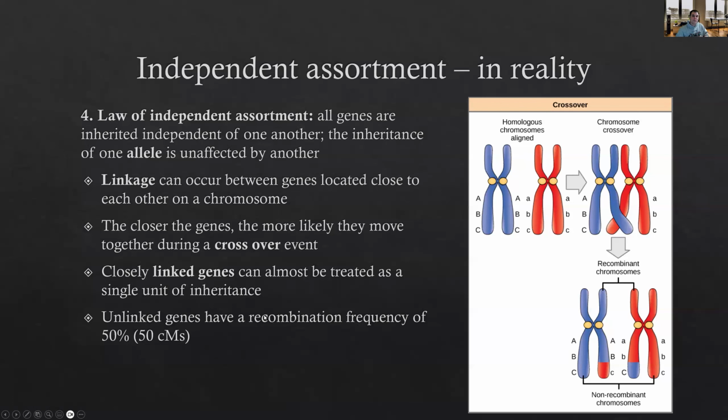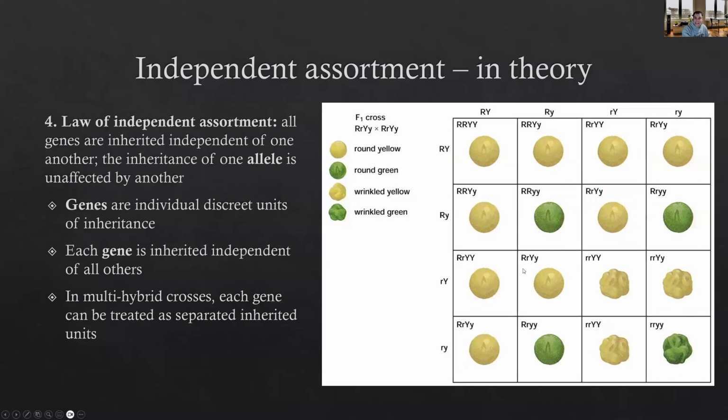Genes that are closer together will have a recombination frequency that is much lower than that. As a result, instead of getting a 9:3:3:1 phenotypic ratio, you start to get ratios much closer to the 3:1 ratio you would get from a monohybrid cross, because they're acting like a supergene.